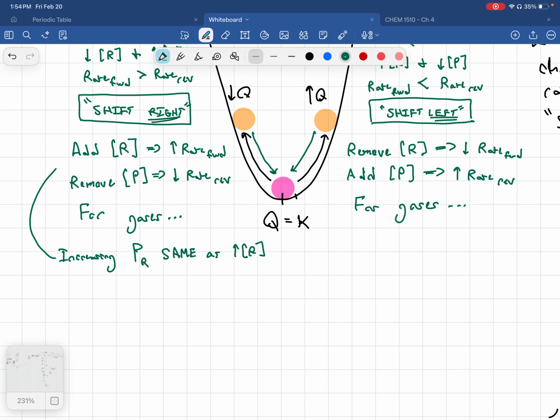So that is the same and will have the same effect as this. And that's only if we increase the partial pressure of one of our gaseous reactants.